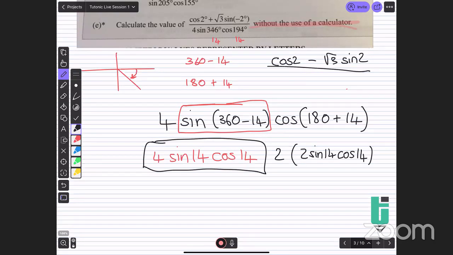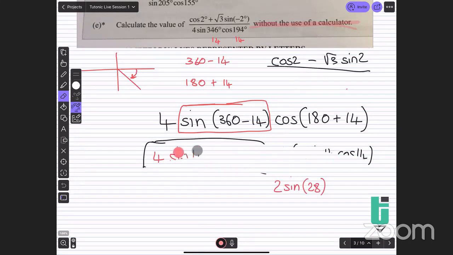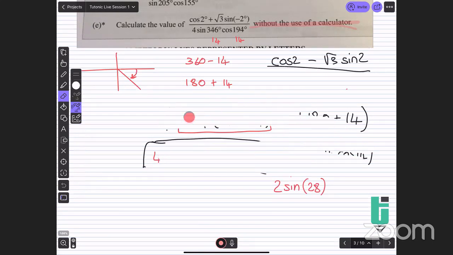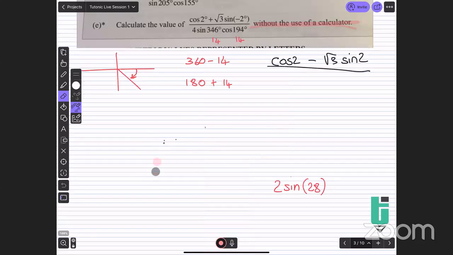That becomes 2 sine 2 times 14. What is 2 times 14? 28. Now, I think we've got it, but let's not get too excited. So this whole thing, 4 sine 346 times cos 194, is just 2 sine 28. How cool is that, right?